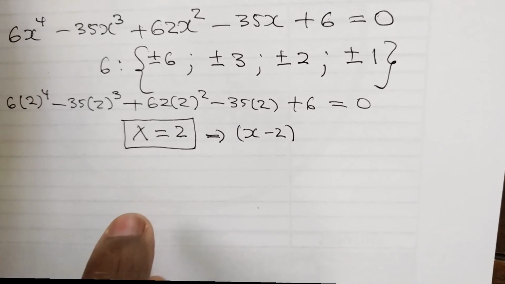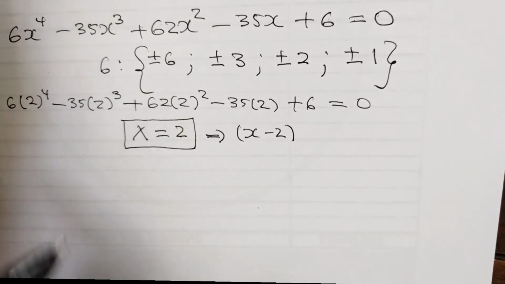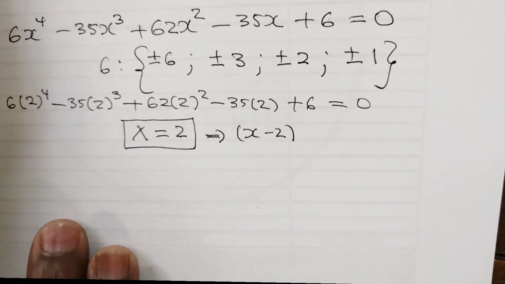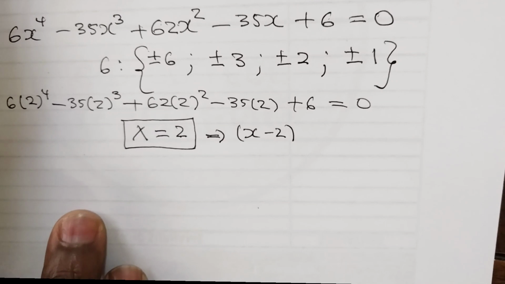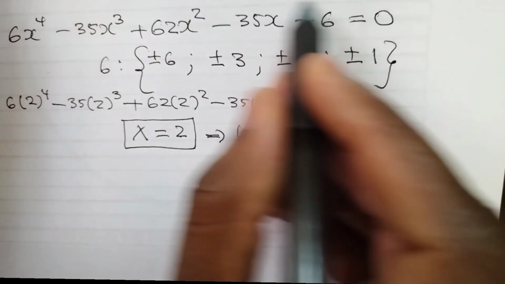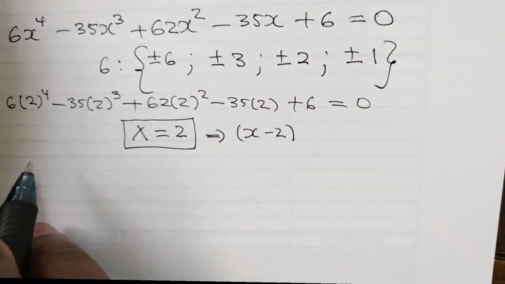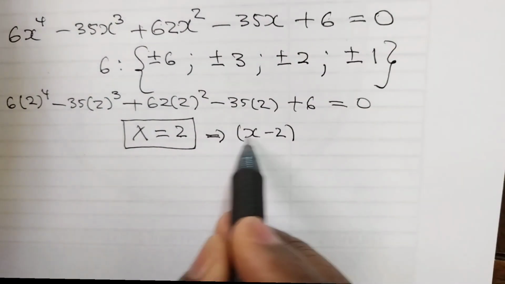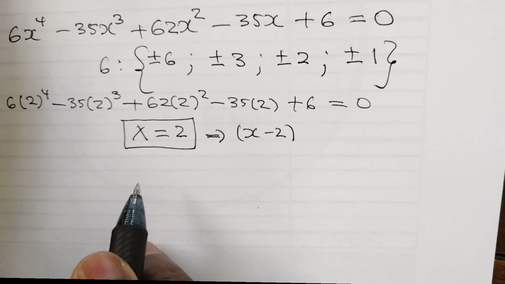Now, how do I find the remaining 3 roots? So I'm going to take the quintic equation that is proposed here, then I try to divide it by x minus 2. How do I do this?